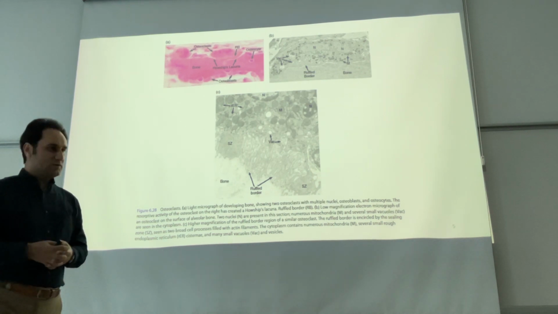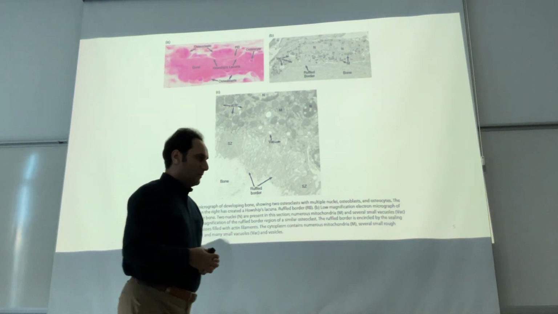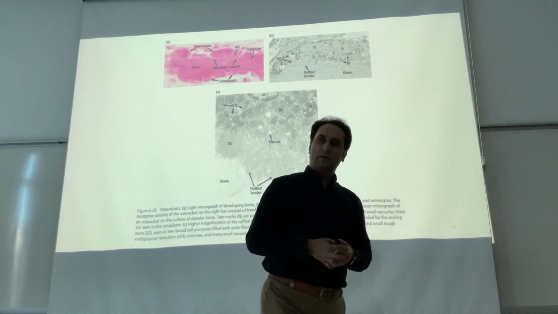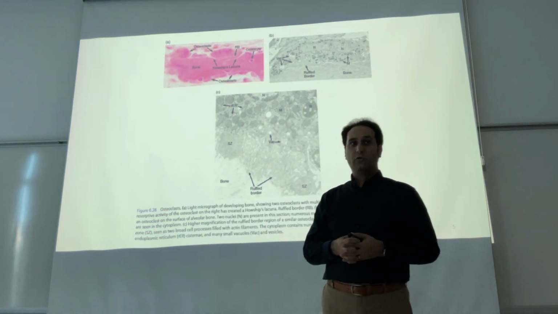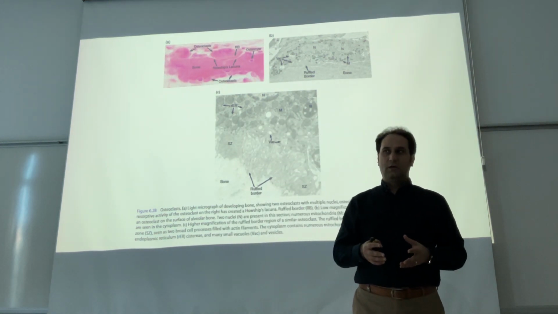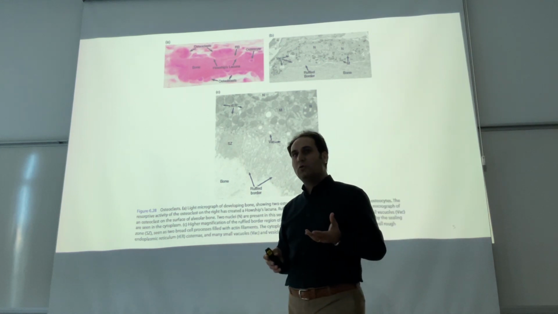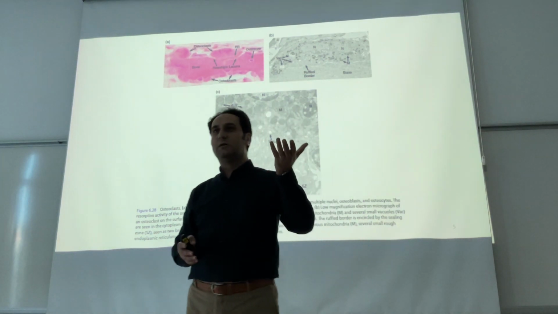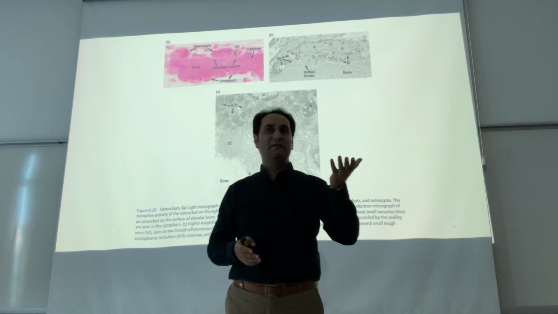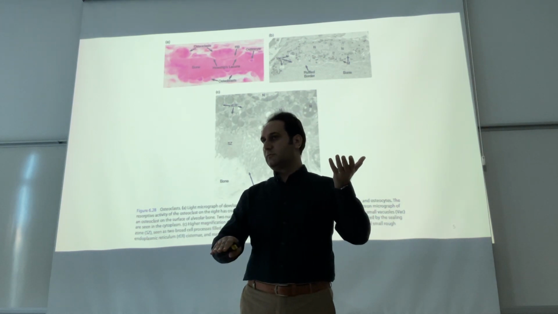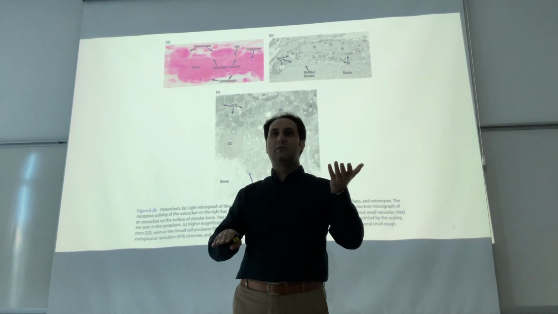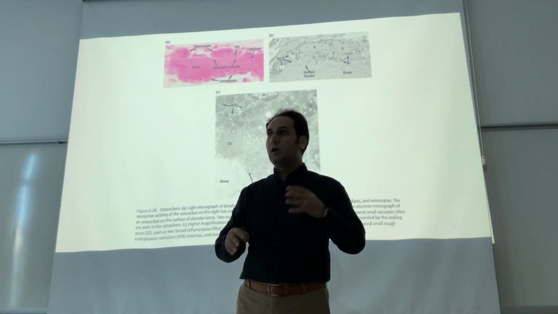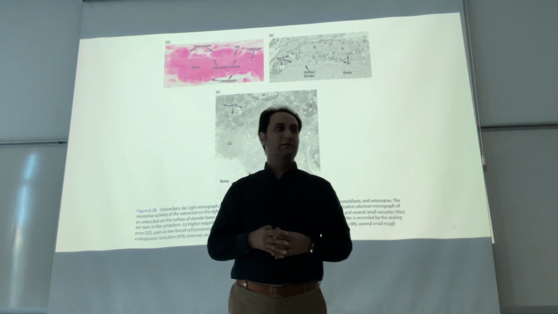Now, as you know, before birth and in the growing stage, the ratio of bone formation is higher than bone resorption. Because of this difference in ratio, our bones continuously grow.